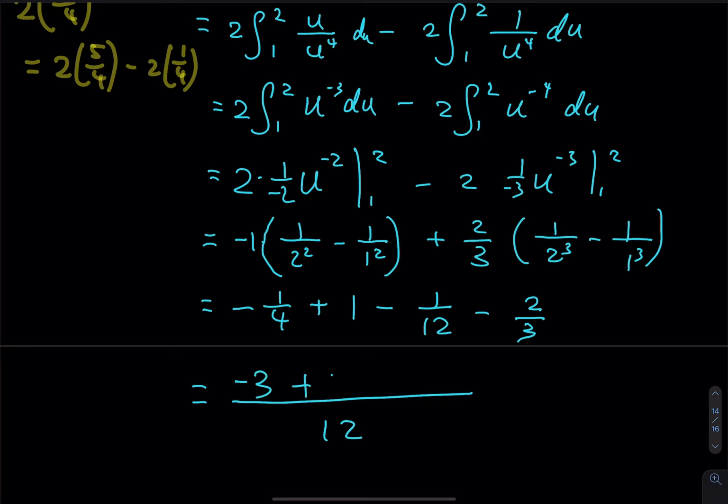And then plus 12 minus 1, and then minus 8. So we have negative 11, 3 minus 8. Looks like we have 12 minus 12 right there. So that means that equals 0. That gives me a 0.